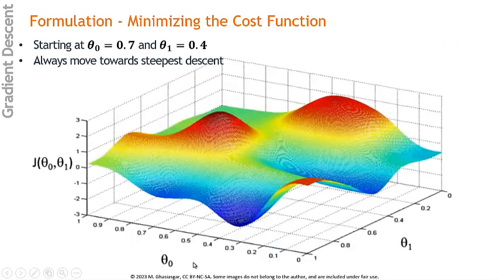All right, so let's see what that looks like. Okay. So suppose we start at theta 0 equals 0.7, theta 1 equals 0.4. It's that point there. If we go downward, you can see we go downward for a small distance and the downward direction has changed. So we go in the new downward direction.